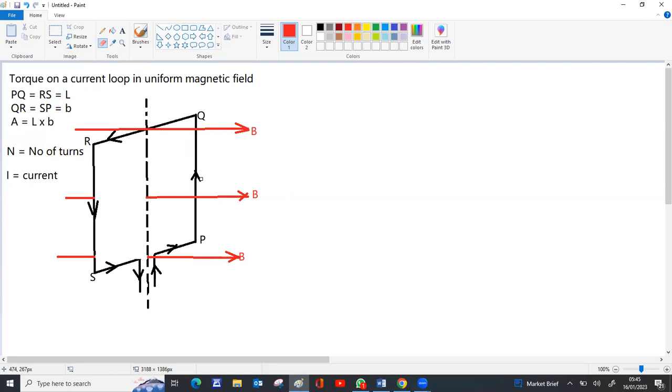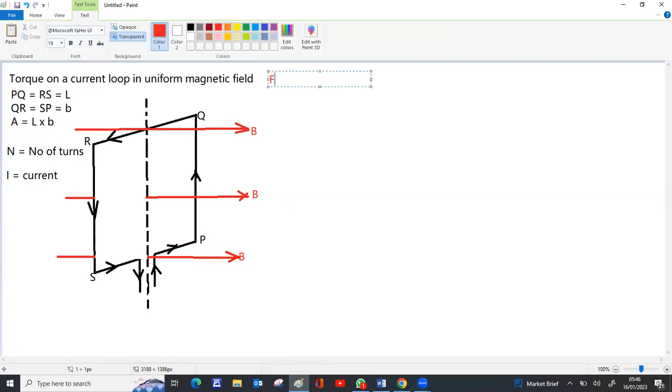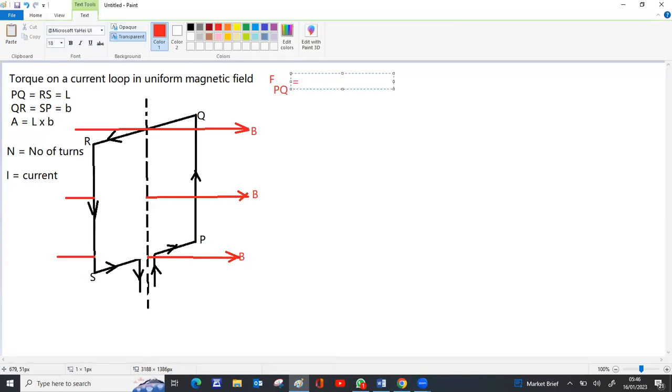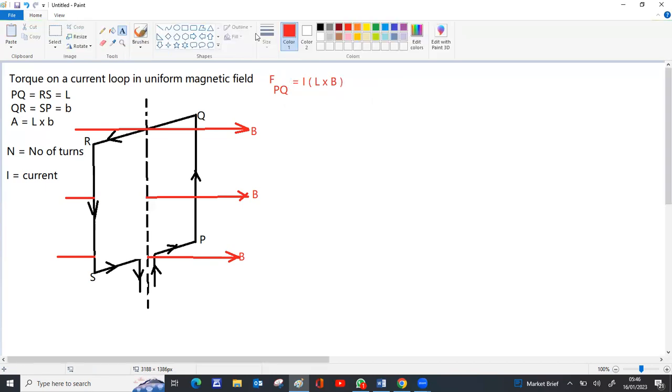All current carrying conductors in a magnetic field experience a force. We are finding force on PQ, QR, SP, all. So force on PQ is equal to the force on a current carrying conductor formula, I into L cross B. So L and B are vectors here.